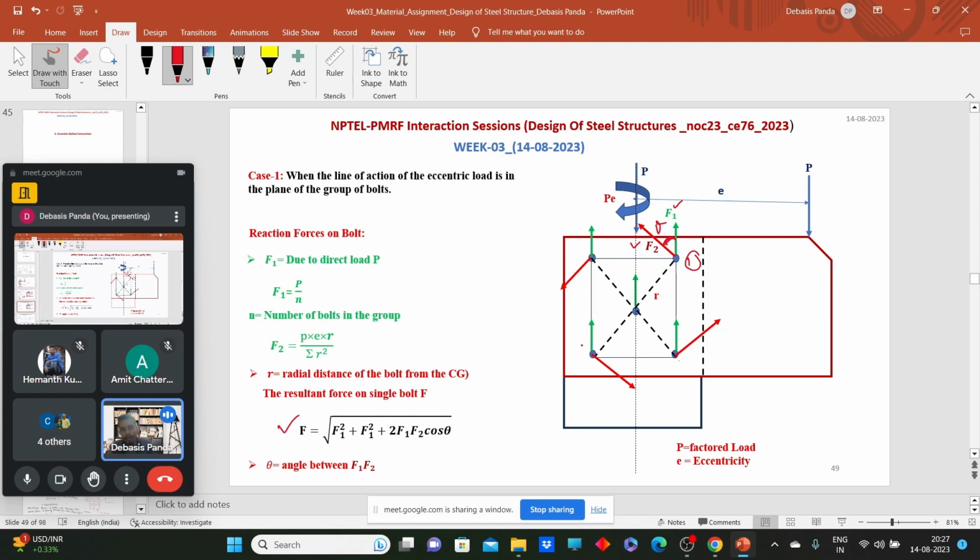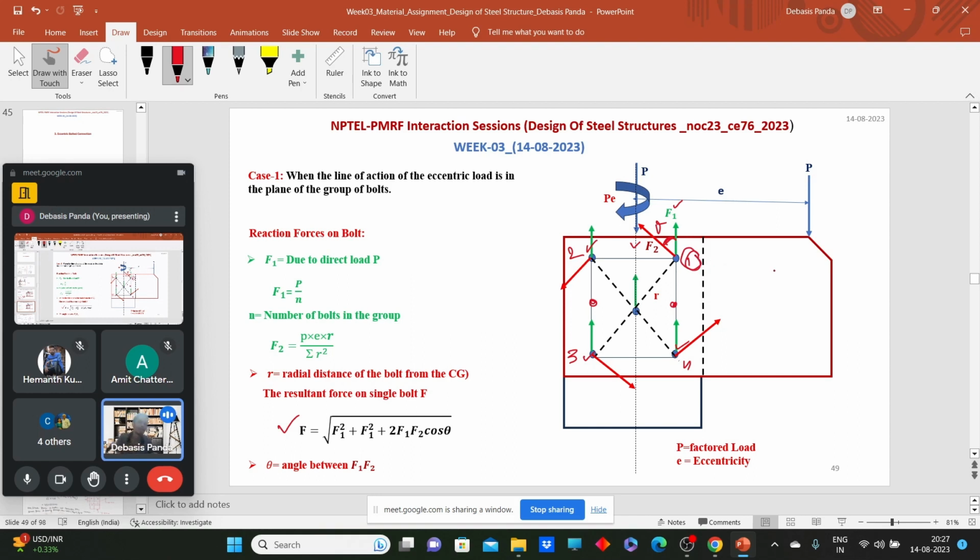Obviously, the bolts located far from the CG, because the farther the bolt is from the CG, the F2 force will increase, and eventually the resultant force will increase. So these 4 bolts, 1, 2, 3 or 4, will experience more resultant force than bolts located here and here. That's why among these 4 bolts I have considered this one as the extreme bolt.